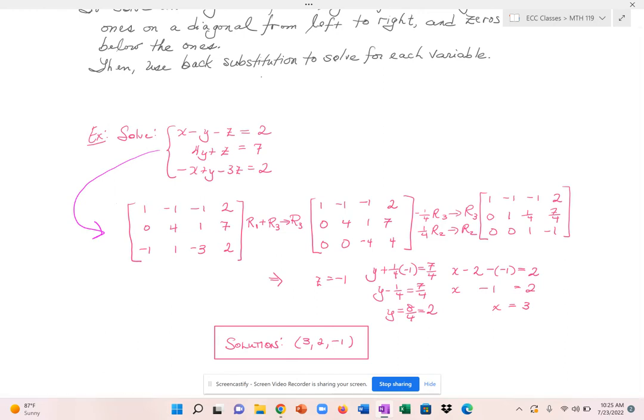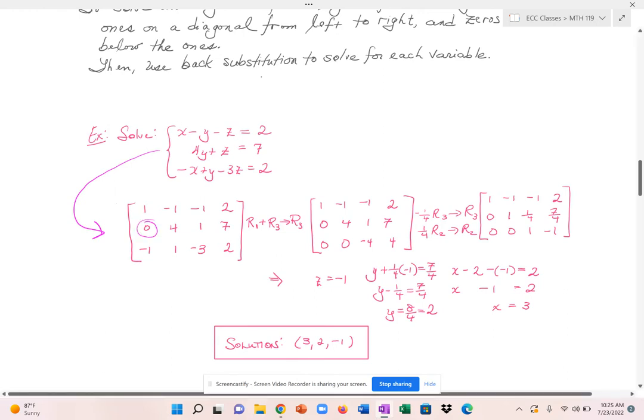And so the good news is that I already have a 0 in this position. So my goal is to get ones all here and zeros underneath it. And I already have a 1 in this position. So some of the work has already been done just because of the nature of the system.